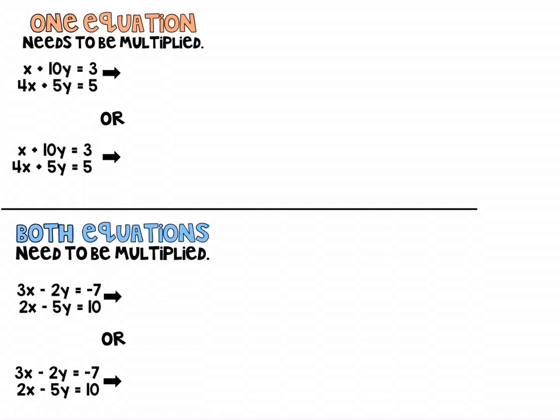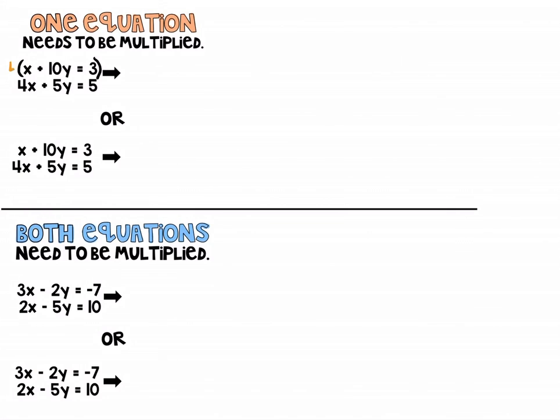So if you notice, I have 4x and x. So I'm essentially asking myself, okay, what can I multiply this top or bottom equation by to make them match? So what I'm going to do is multiply this top equation by 4, to make these match with the coefficient.